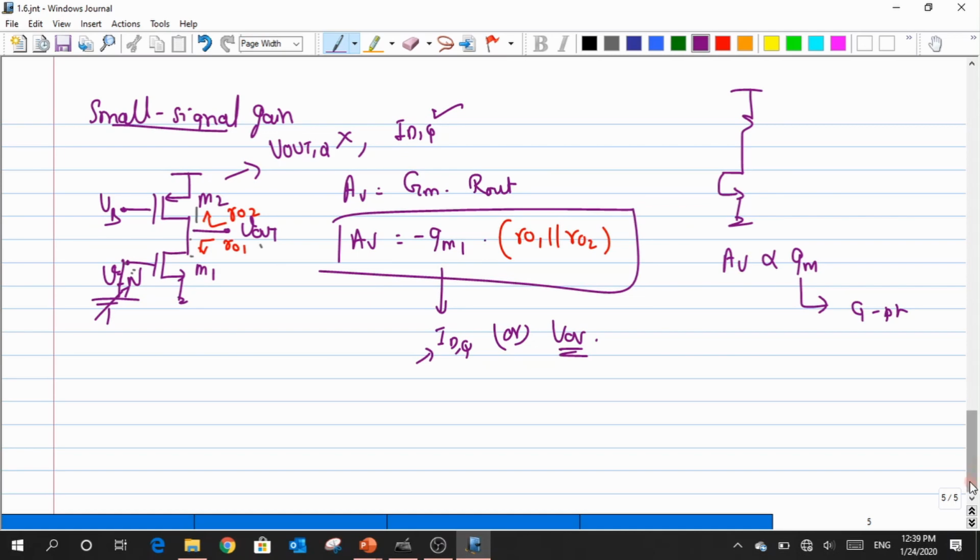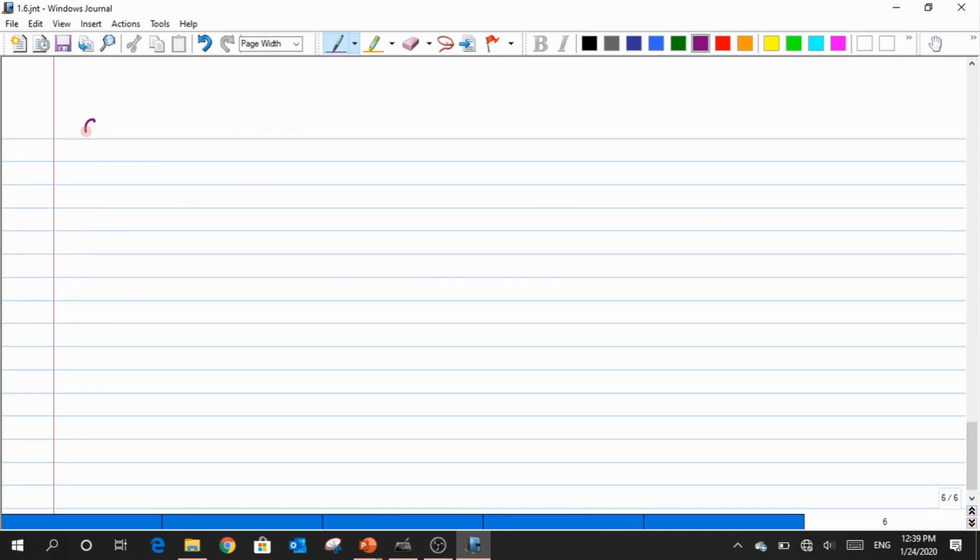Okay, having done this, we'll just quickly switch to the last type of common source amplifier, with a triode load.